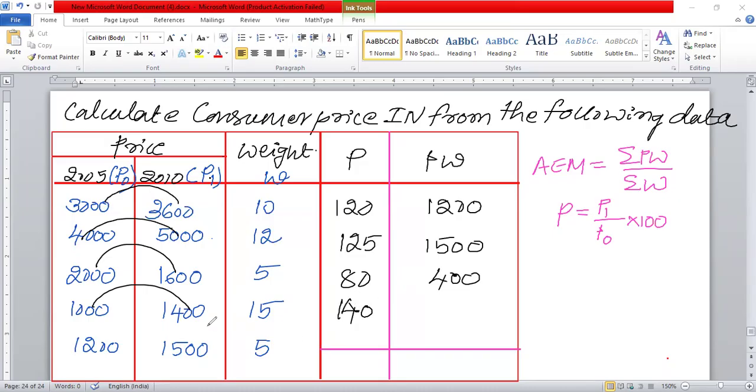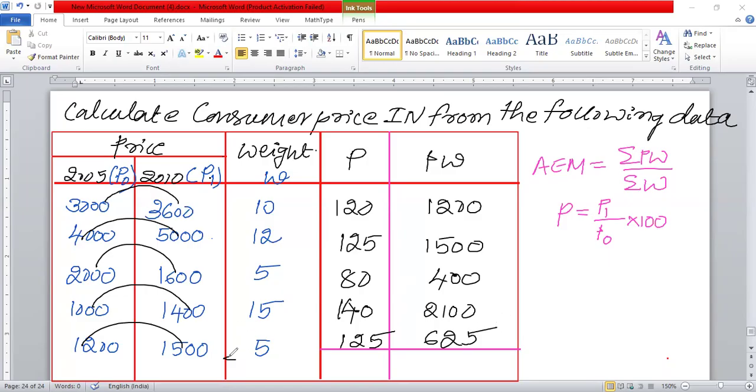So 140 into 15, so 2,100. So 1,500 divided by 1,200 into 100, 125 into 5, so 625.